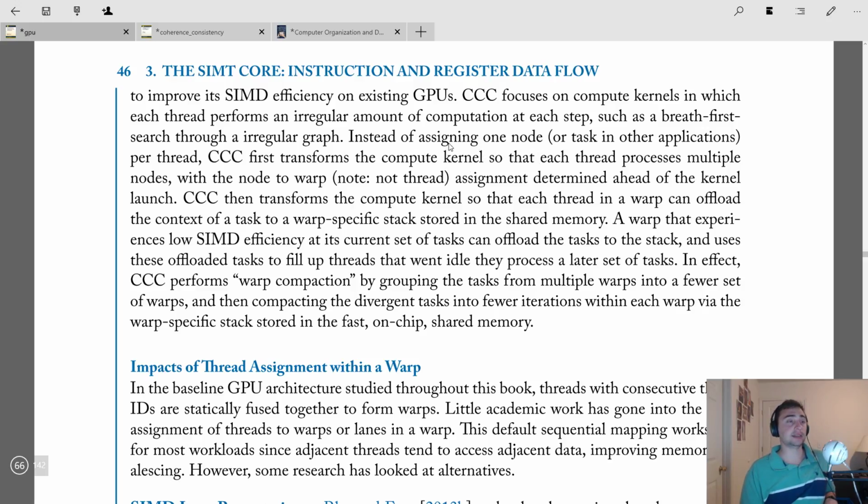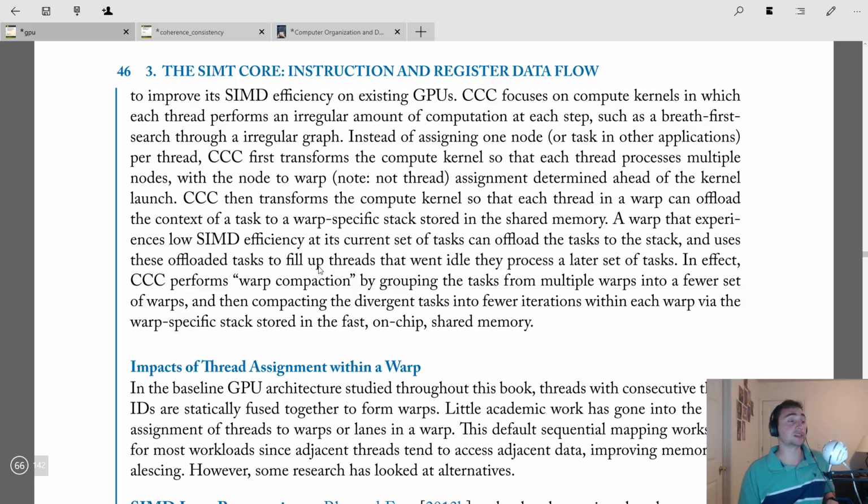So they'll be accessing different amounts of memory and doing different amounts of work. So instead of assigning one node or task in other applications per thread, it transforms the compute kernel so that each thread processes multiple nodes, with the node to warp assignment determined ahead of the kernel launch. Each thread in a warp can offload the context of a task to a warp-specific stack stored in shared memory.